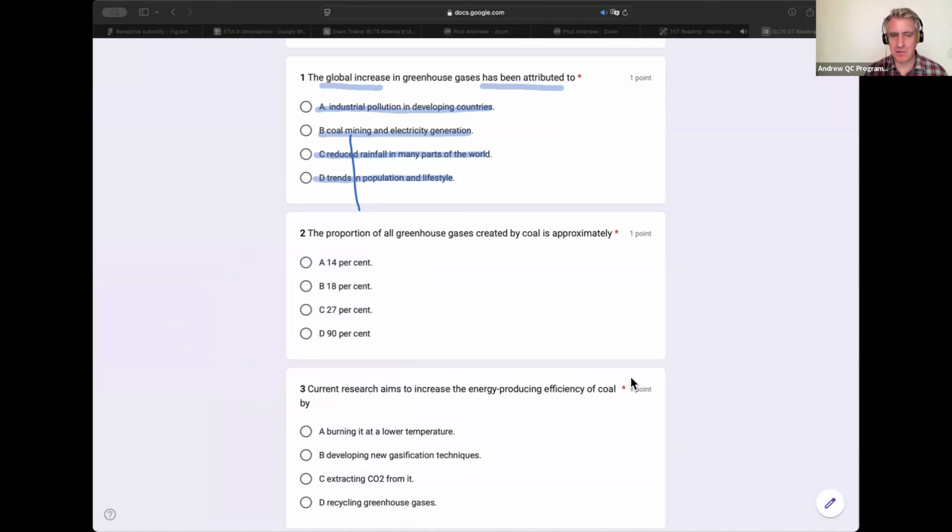Instead of proportion, you could say amount or percentage. And instead of created, you could say emitted from coal burning.